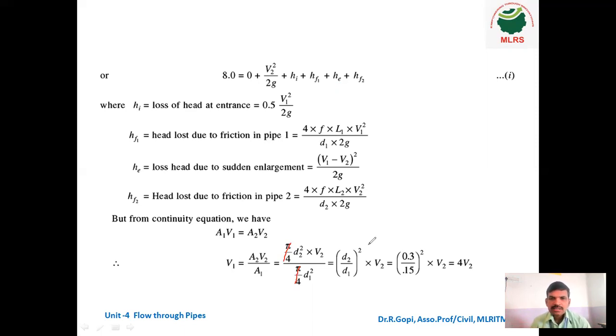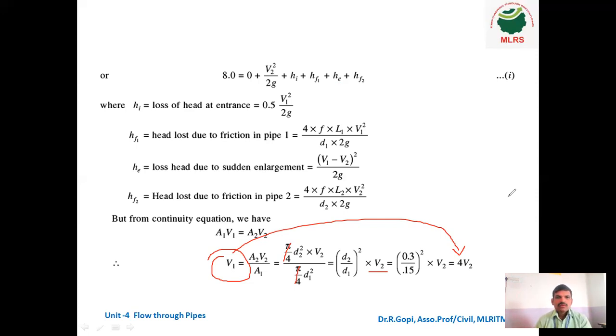Now what is D2, the diameter of pipe 2? It is 0.3. Next, the diameter of pipe 1 is 0.15. So 0.3 divided by 0.15, the whole square, into V2. So we can get the V1 value in terms of V2, because there are two unknowns.